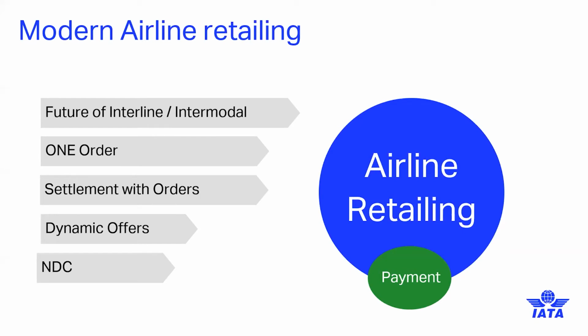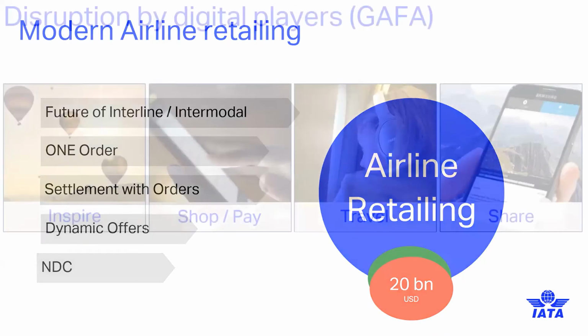We have done a recent study around payment cost, and it showed that payment is costing the industry around $20 billion. So when we engage with the airlines, we make sure that whenever they build their retailing strategy, they take into consideration and are aligned with their colleagues from revenue, accounting, and the finance department, to make sure that their payment strategy is also aligned with the retailing strategy.